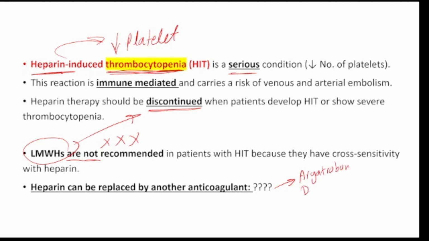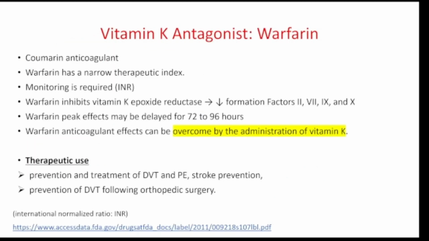If you say dabigatran, you are correct. If you say desirudin or bivalirudin, you are correct. So this is the alternative for the patient suffering from HIT, heparin-induced thrombocytopenia. Okay, roughly we're done with all these.